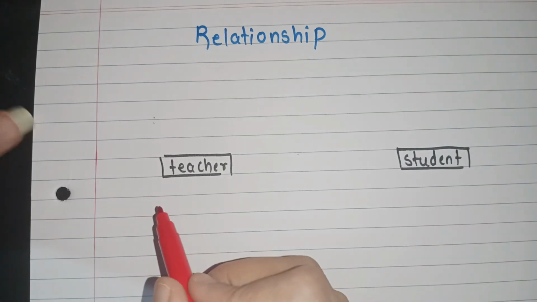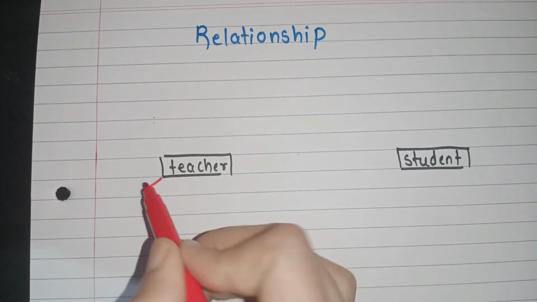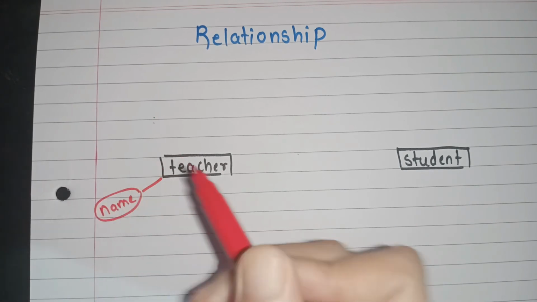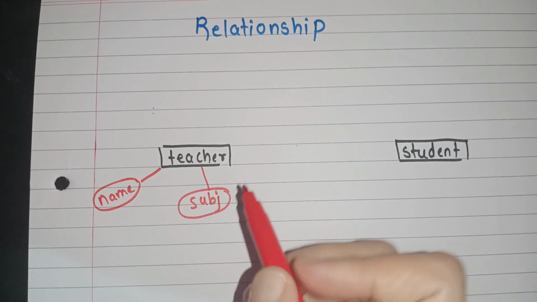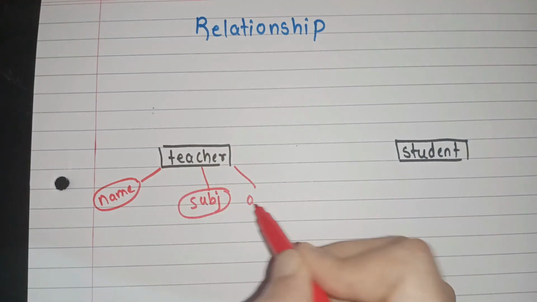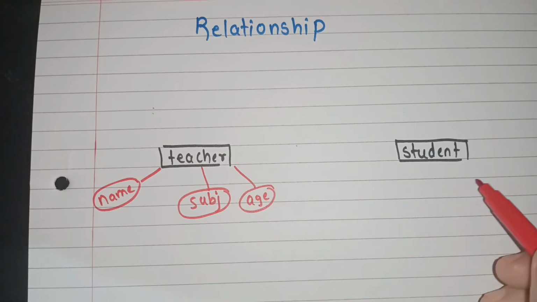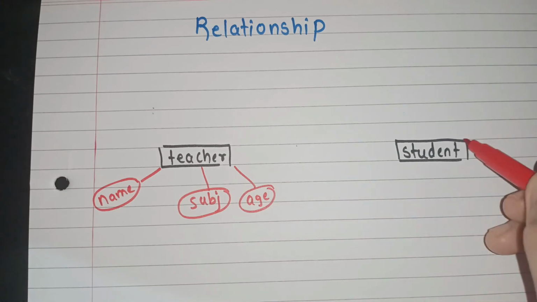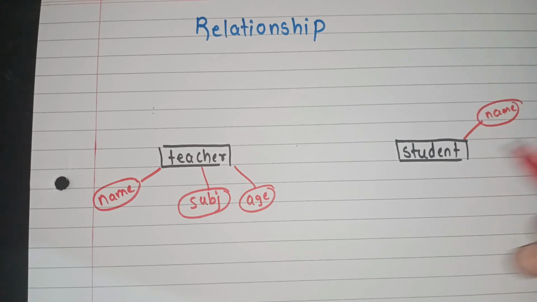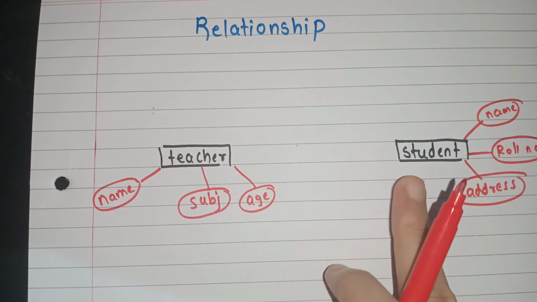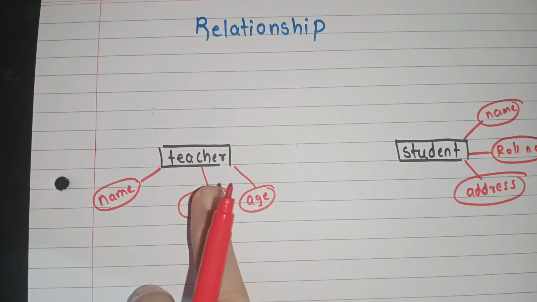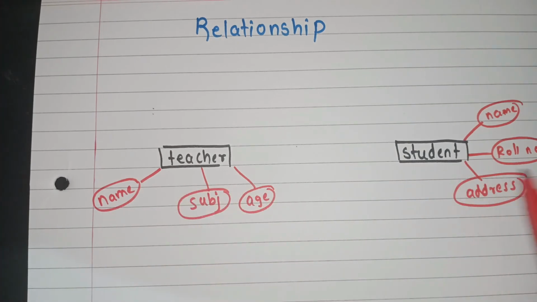Now teacher will have his own attributes like his name, then his subject, which subject he is teaching, then let's say age, and student will have his own attribute which are student name, his roll number, his address. Okay, so here are two entities, one is teacher and another is student, and teacher have his own attributes and student have his own attributes.